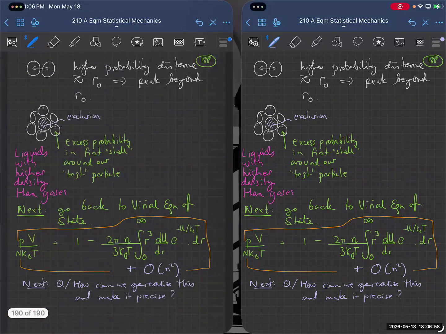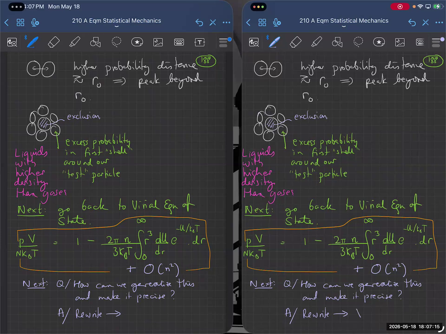So that's what we're going to do. First of all, I'm going to show you a way to rewrite this, and in doing that, I'm going to introduce to you a thing called the virial coefficient.